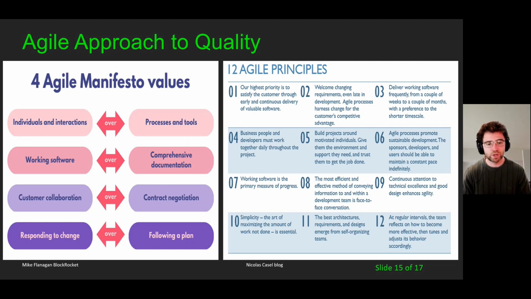But Agile does not value that, and they instead say we're going to deliver this functional part to the customer, and then we're going to quickly get feedback from them, and then we're going to take the feedback and make our product better and continue that value stream.